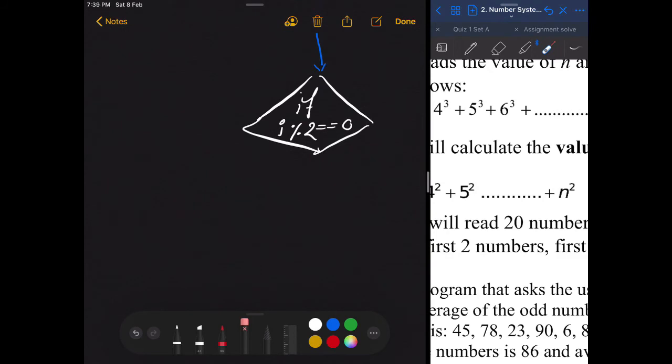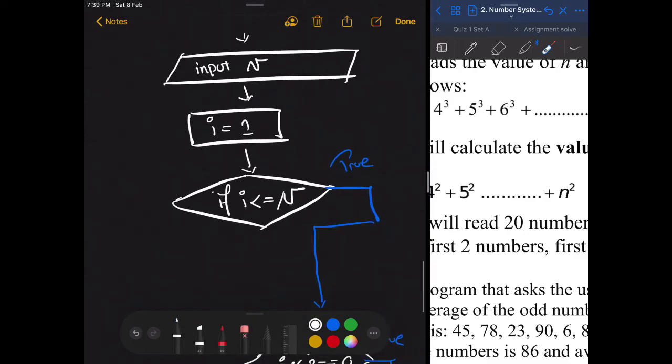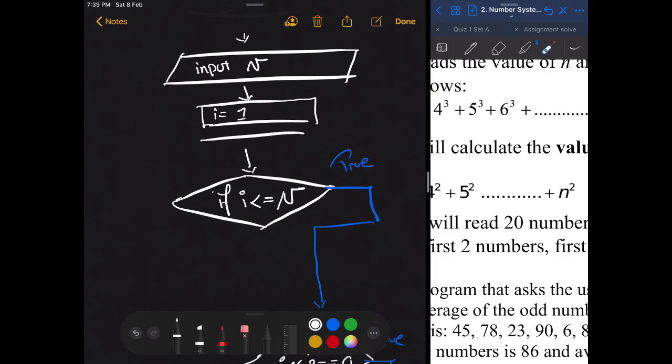Moving on, if this is true, then we are going to add this to the sum. One thing I forgot to mention is that we need to have declared two variables: I equals 1, and another variable where we declare sum equals 0.